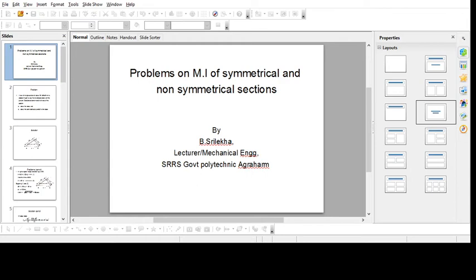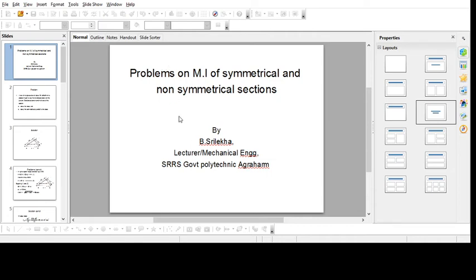Now the moment of inertia of the section about yy, Iyy, is equal to, so we have three sections, so we need to find the individual moments of inertia about the y axis and sum them. So Iy1 is equal to d1 b1 cube by 12 plus a1 into h1 square.